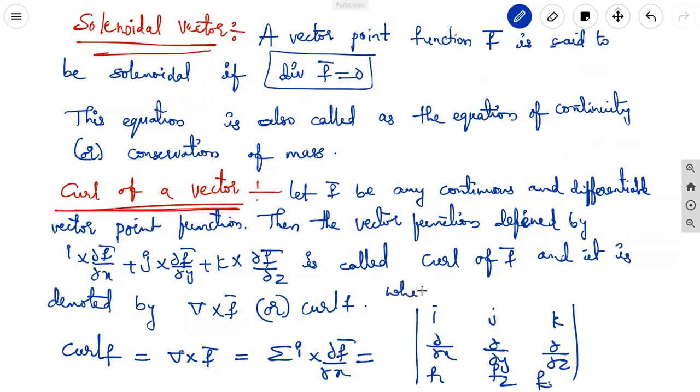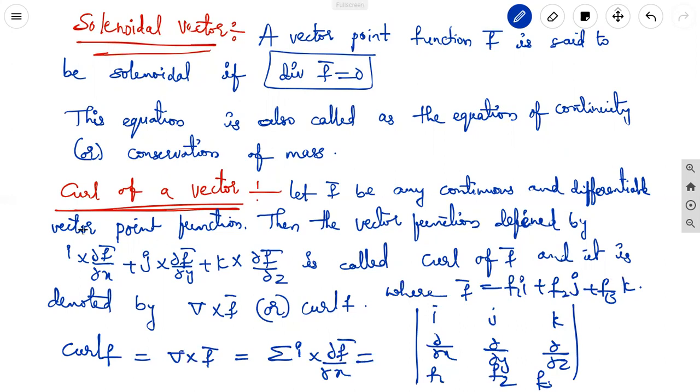Here f vector equal to f1 i plus f2 j plus f3 k, where f1, f2, f3 are functions of the variables x, y, z.